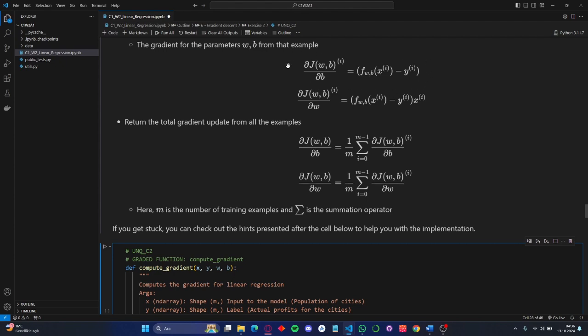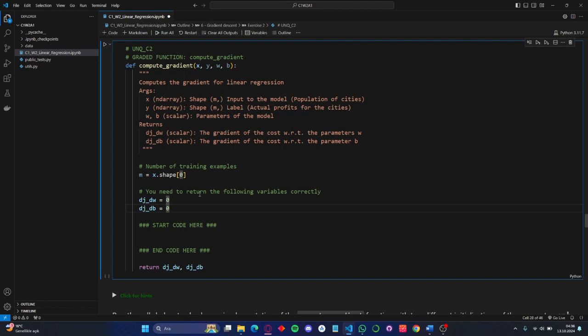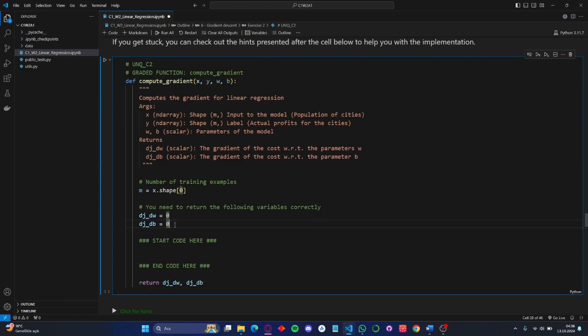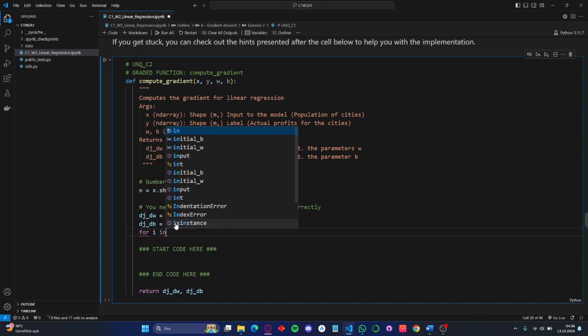Here are the functions. For example, the derivative of b is the predict function minus y. I will write this first of all. And here again, we have to write a for loop. I'm starting with for i in range.